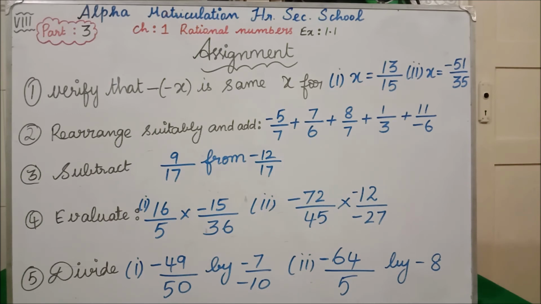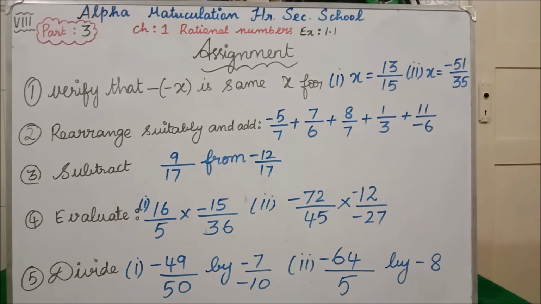We have to put minus of minus 13 divided by 15 and similarly you have to get the same answer. You will surely get it. If you are not getting it, you have done something wrong somewhere, so go through it. In the last line we have to write: therefore, hence verified, minus of minus x equals x. You have to write that. Clear?